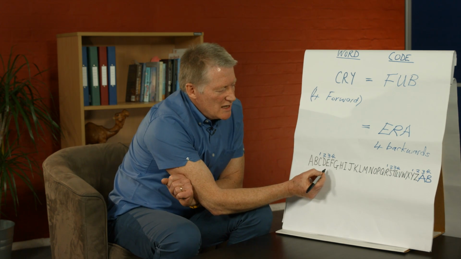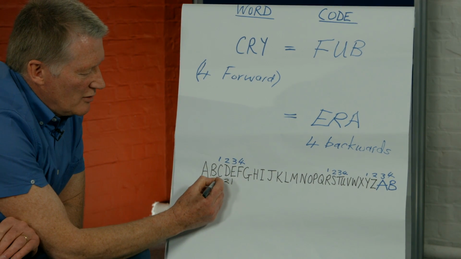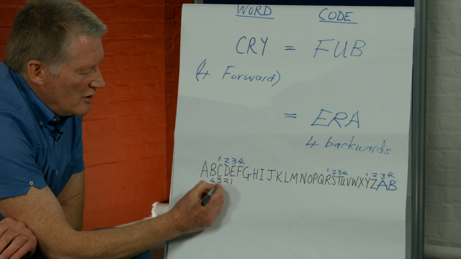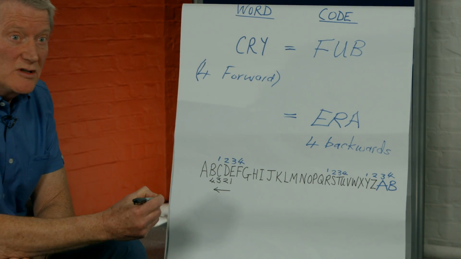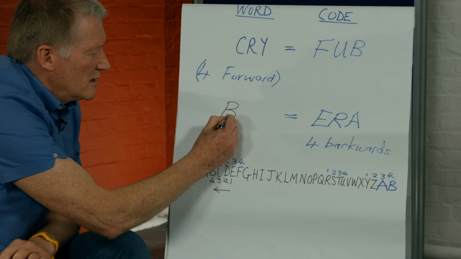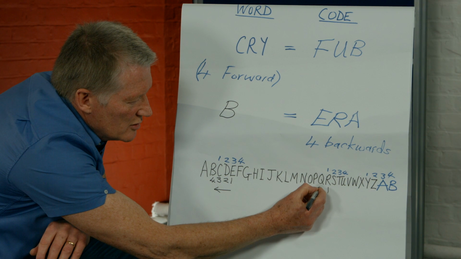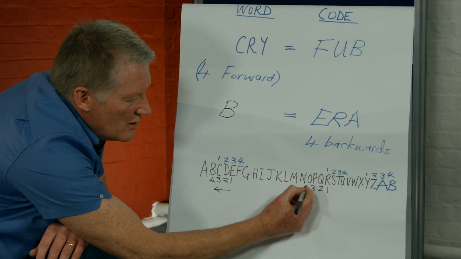So we're starting at E, so that's 1, 2, 3, 4. So we've gone 4 backwards. So that's the letter B. R next. 1, 2, 3, 4.